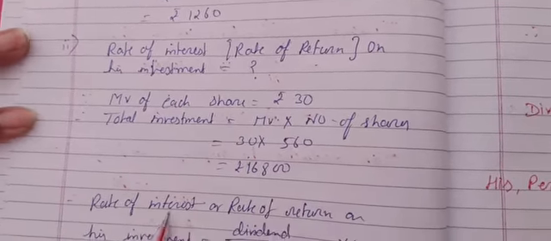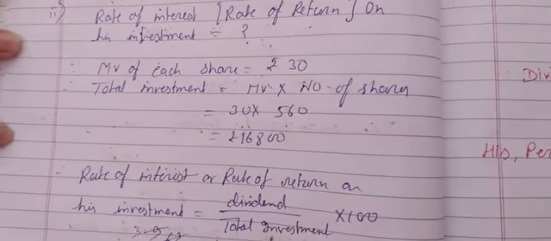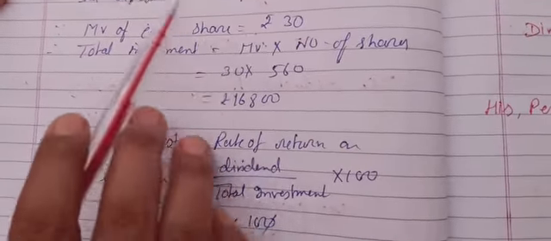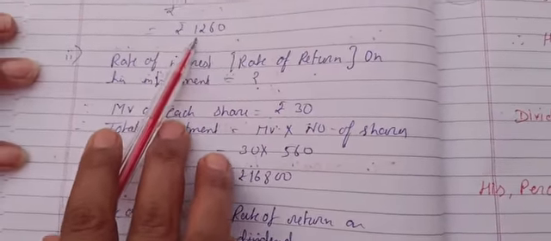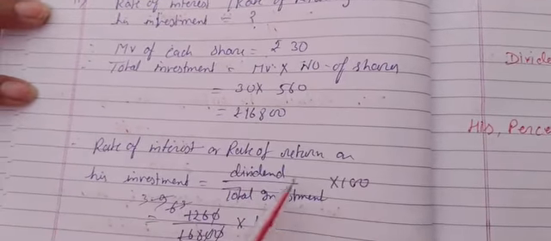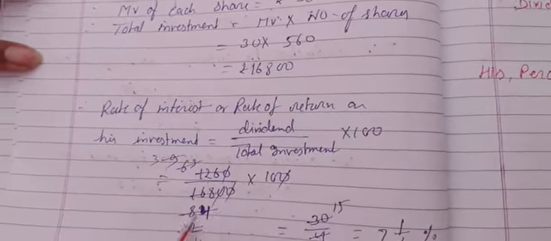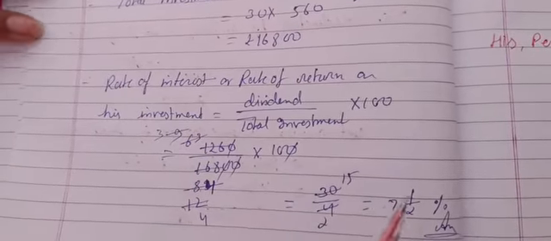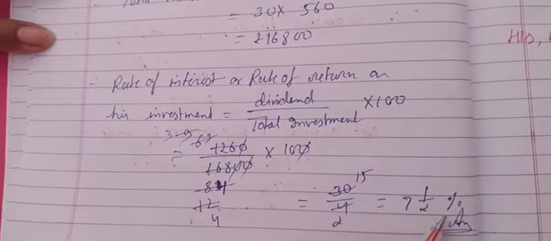And what is the formula of rate of interest? This is dividend by total investment into 100. What is the dividend? The dividend we have just calculated is 1260, divided by total investment, which is 16,800, into 100. Then we calculated it, and after calculation we got the answer, 7 1/2%.